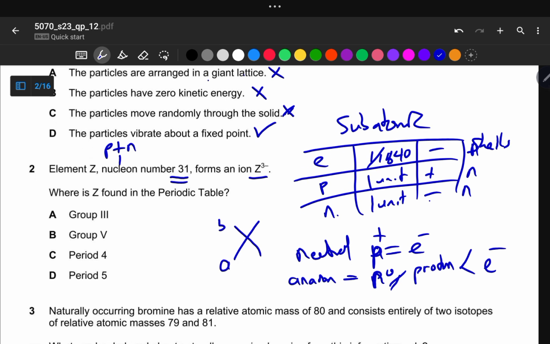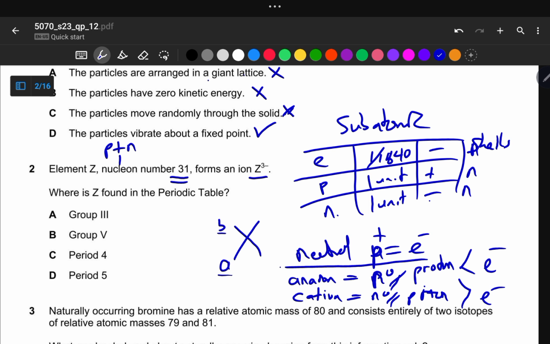And then for a cation, the number of protons is greater than the number of electrons, right? So B is the mass number or the nucleon number, and then A is the proton number, the atomic number, which is equal to the number of electrons for a neutral atom, right?